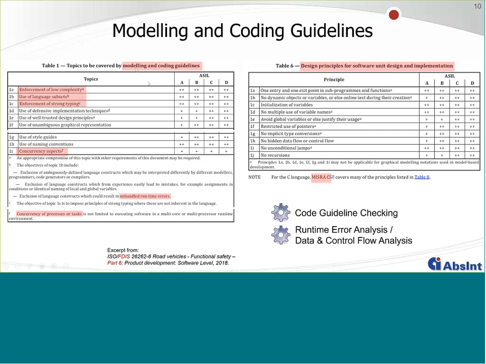That means providing adequate modeling and coding guidelines for the language you're using, like enforcing low complexity, forbidding certain dangerous language constructs, and trying to achieve strong typing. Another goal you see here is dealing with unhandled runtime errors. So it's pretty clear what you can do here, what you must do here, and where static analysis can contribute: code guideline checking, runtime error analysis, or data and control flow analysis. These are the topics to be covered by modeling and coding guidelines.